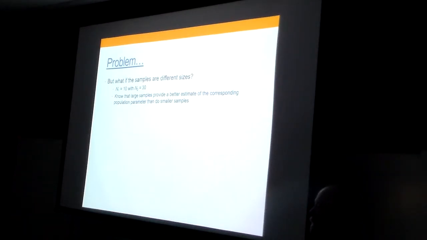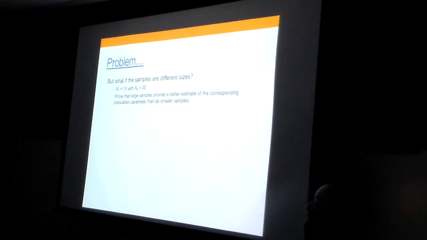The sample that is 30. Yeah, right. So if I'm trying to calculate the standard error, I should probably want the more accurate estimate to have more weight in my calculation, right?